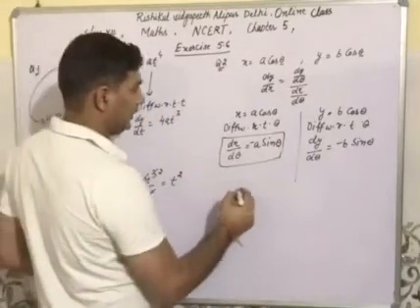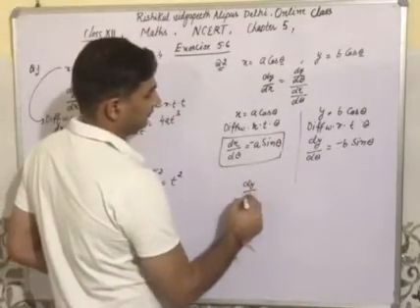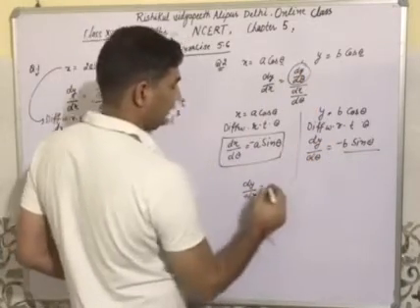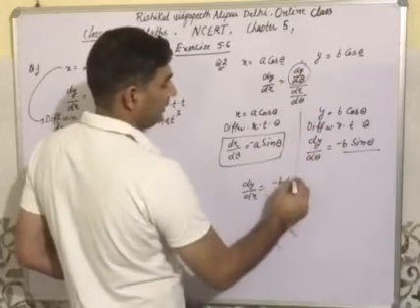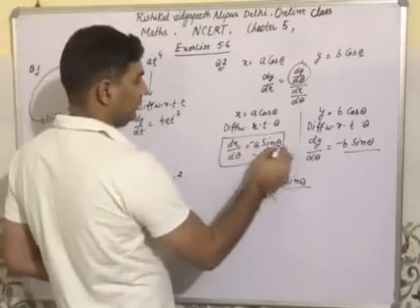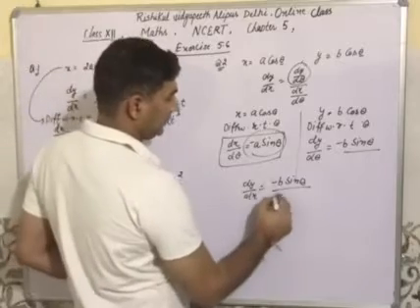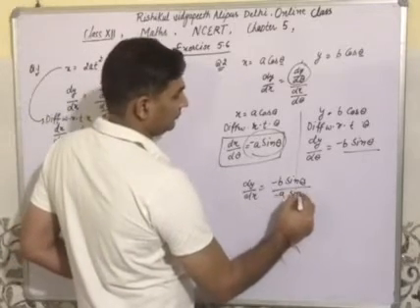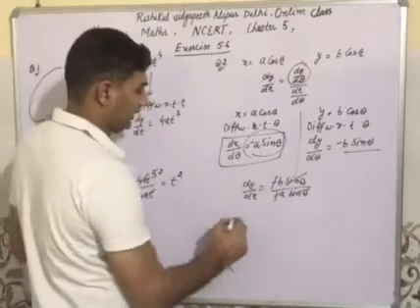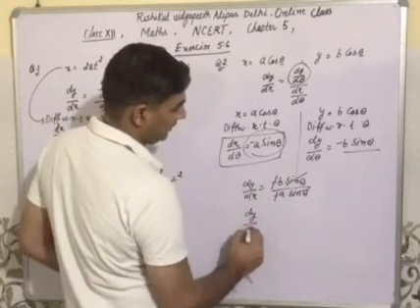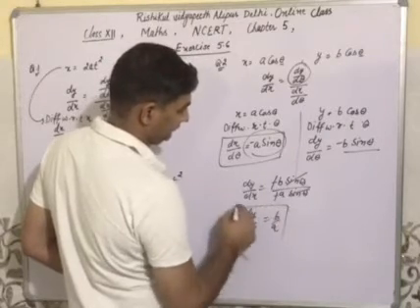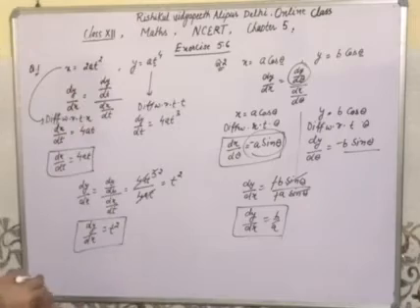Then dy by dx is minus b sin theta upon minus a sin theta. The sin theta cancels out, the minus cancels out, then dy by dx is equal to b by a.